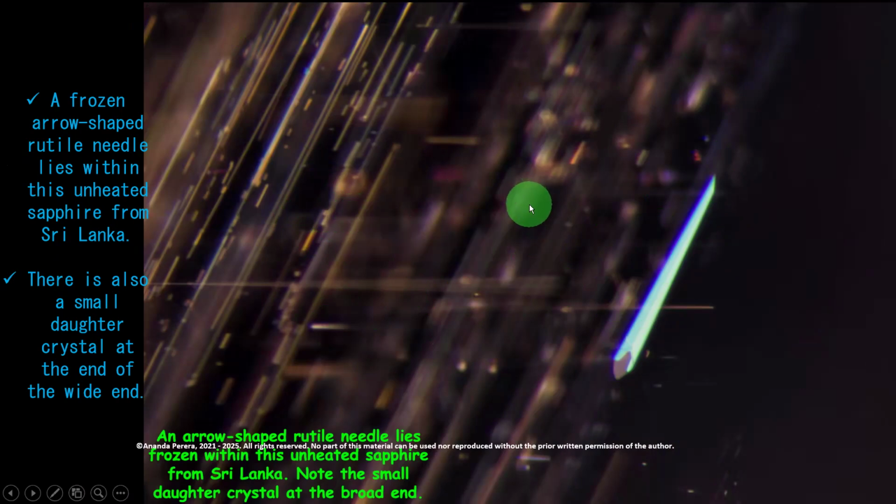There are also small daughter crystals at the wide end of this frozen arrow-shaped rutile needle. Near the wide end, smaller daughter crystals are there.